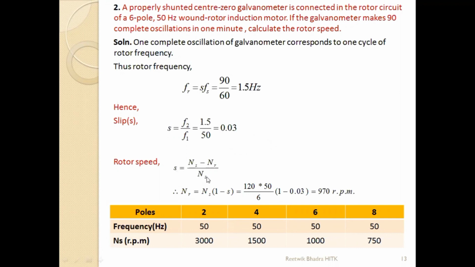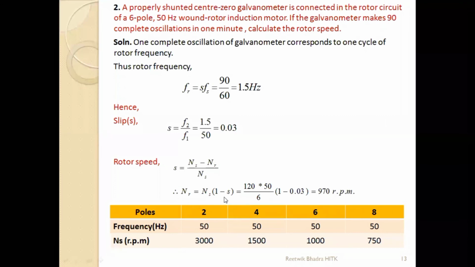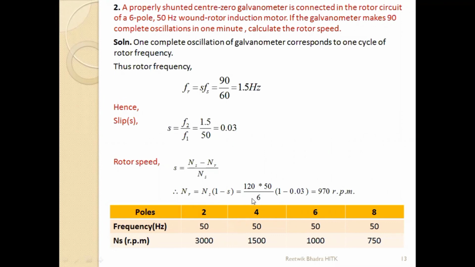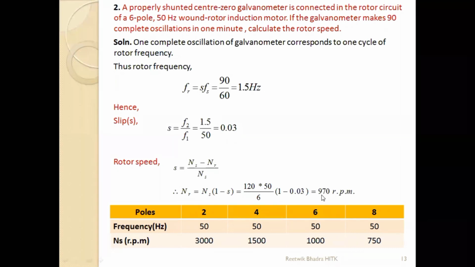From here you can take S Ns and bring Nr to the other side: Nr equals Ns minus S Ns. Take Ns common, it will be Ns into 1 minus S. Substitute your Ns value, 120 F by P, with 6 poles, so 120 into 50 by 6 into 1 minus S, that gives you 970 RPM. Very small problem, very easy problem.